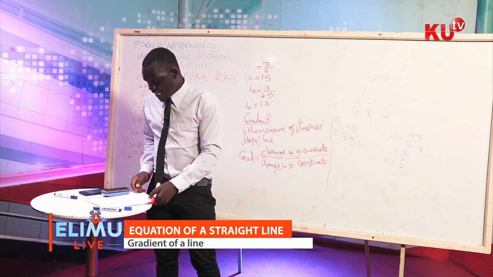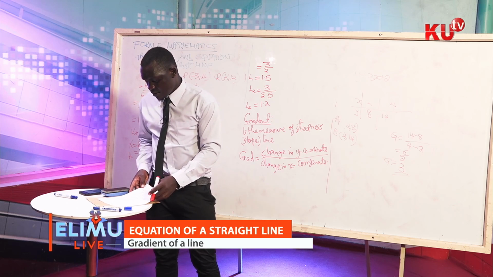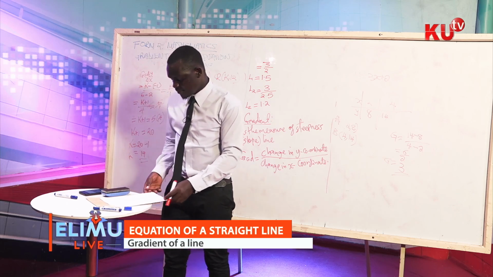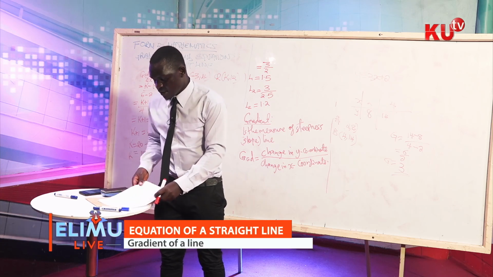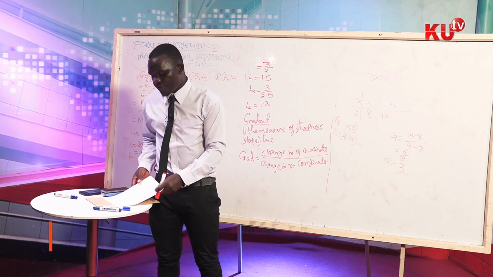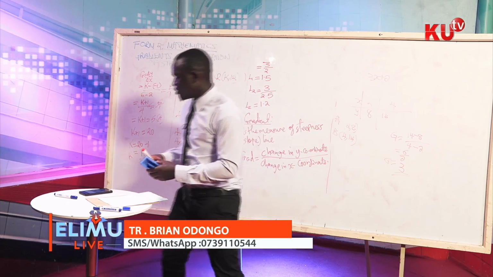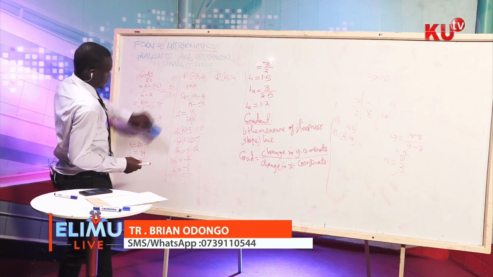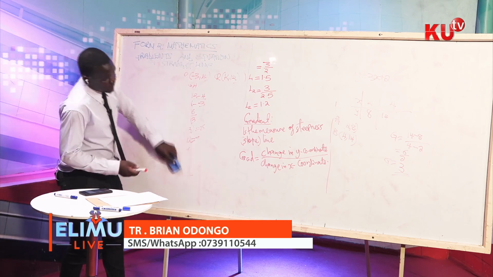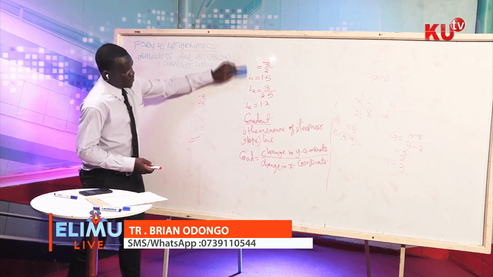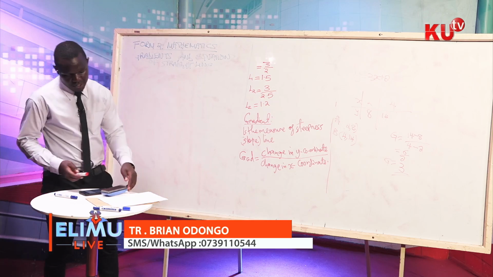So, take away assignment. You can put down this: a line with a gradient of -3. Maybe I just write it here on board. Please make sure you attempt this assignment so that you check your level of understanding on the subtopic.